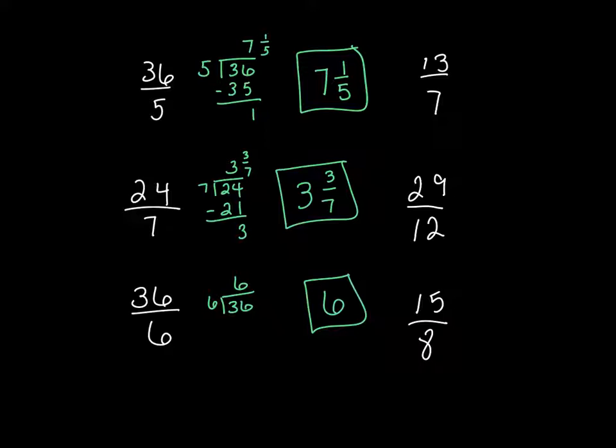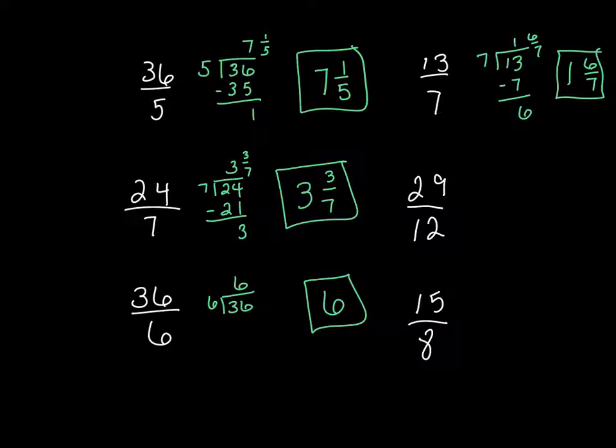So that one actually became a whole number, not a mixed number. Okay, for the next one, 7 goes into 13 one time. The remainder of 6. So 1 and 6 over 7.